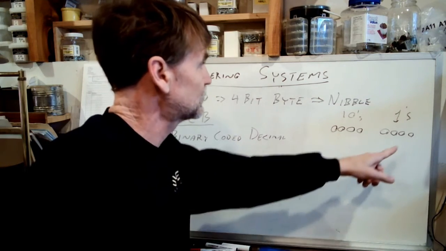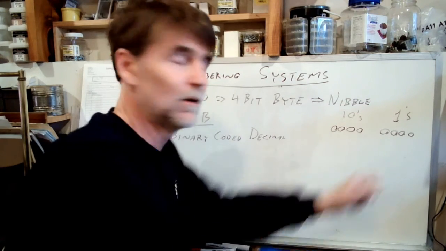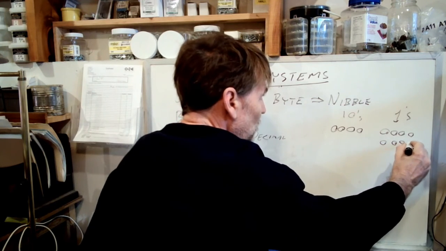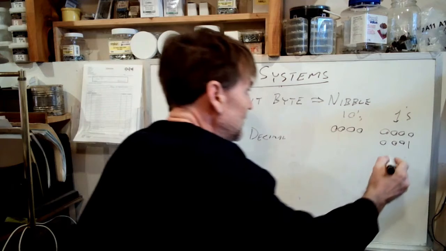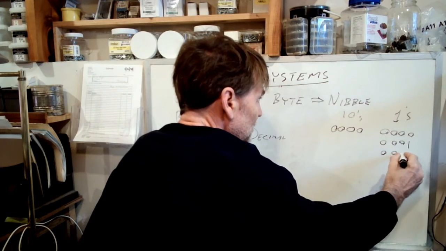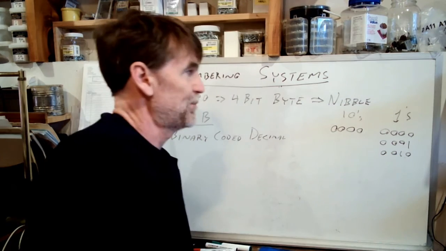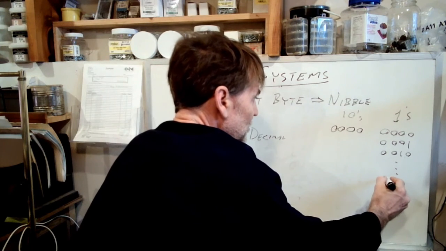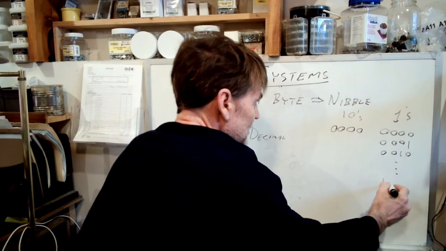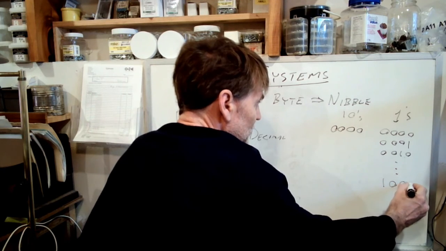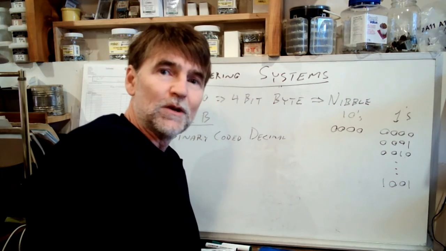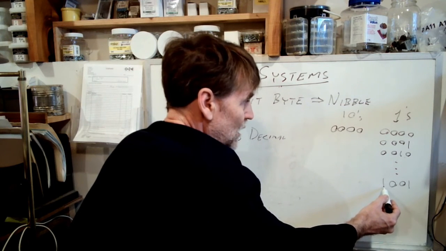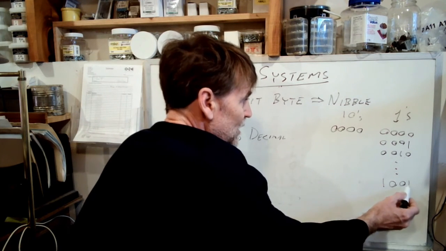So it's going to start at 0, and then go to 0, 0, 0, 1 to represent the number 1. It's going to go to 0, 0, 1, 0 to represent the number 2. It's going to get all the way up to 1, 0, 0, 1, which represents the number 9. So there's a 1 in the 8 column to represent 8, plus a 1 in the ones column.